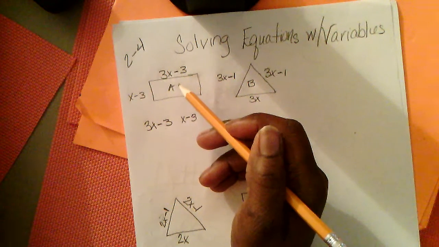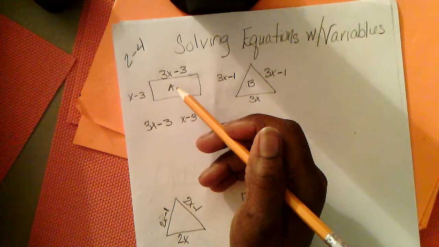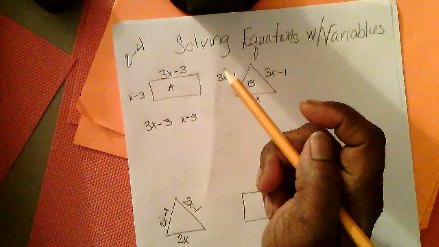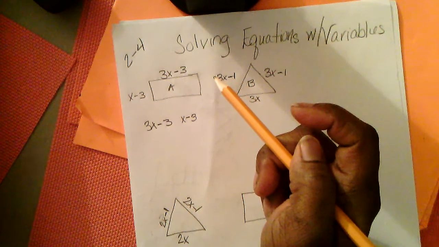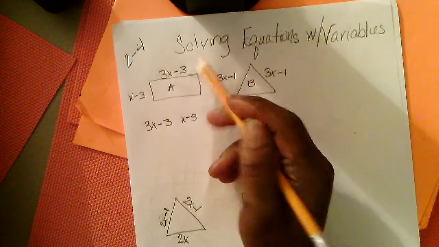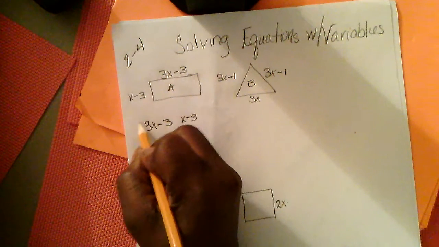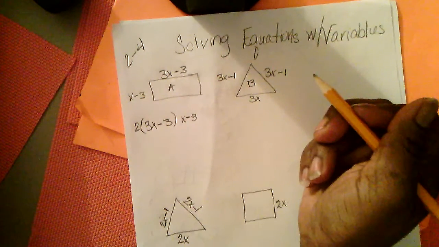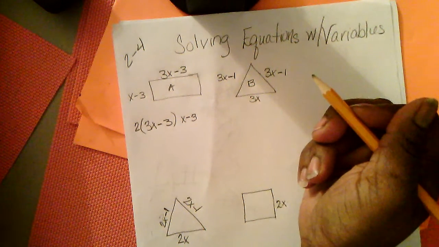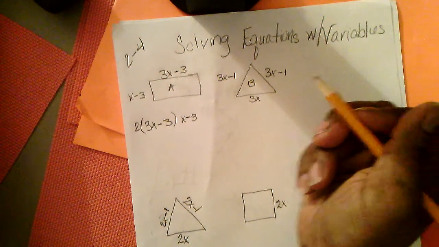So let's look at that. So we have two sides that have 3x minus 3. So what we can do is put this 2 here. So that gives us two of those sides. And then it says plus x minus 3.